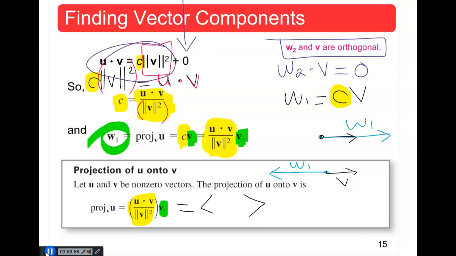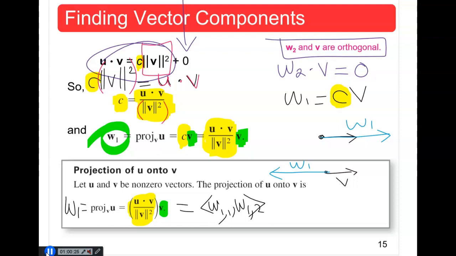So we're going to call it W sub 1, with components W sub 1,1 and W sub 1,2, just to indicate horizontal and vertical components.